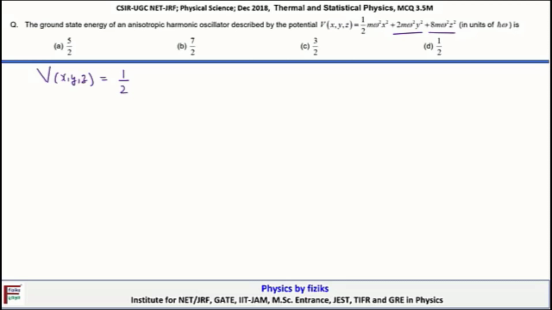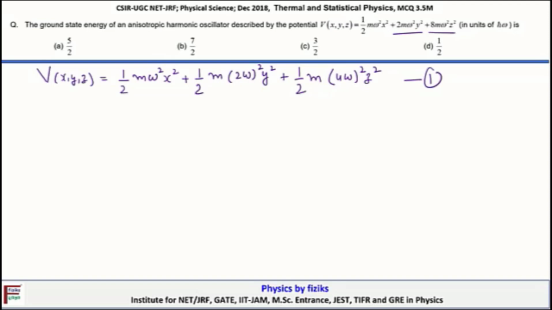Okay, so 1 by 2 m omega square x square as it is, plus the second term. Here I'm adding a factor of 1 by 2, and this will be adjusted in the numerator via the term (2 omega) square, and then y square, plus 1 by 2 m multiplied by 4 omega square z square. Let's call this equation 1.